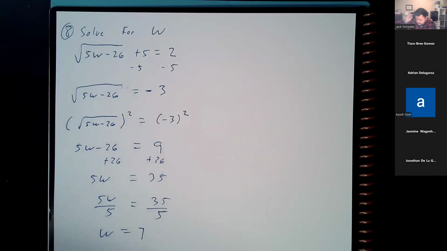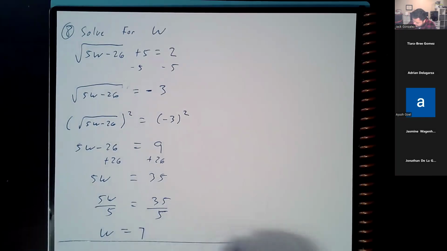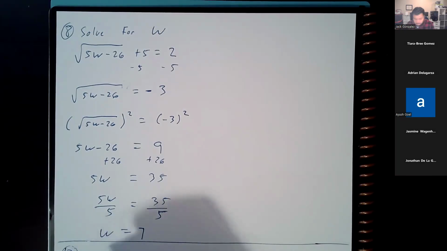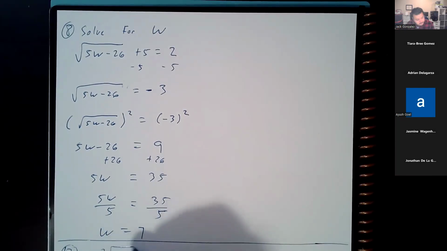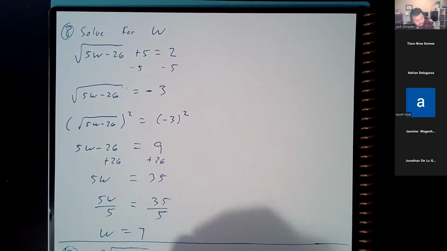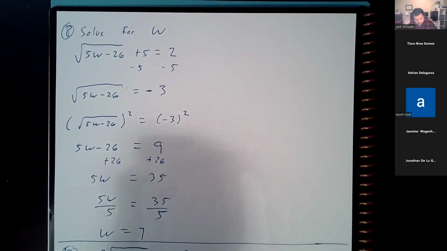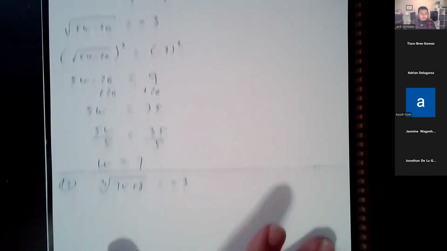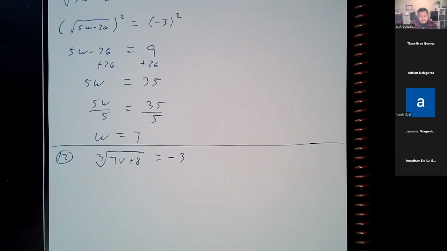I want to move on to 12. Check this one out. So I have a cube.